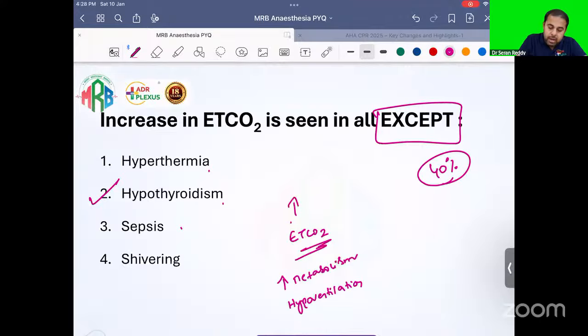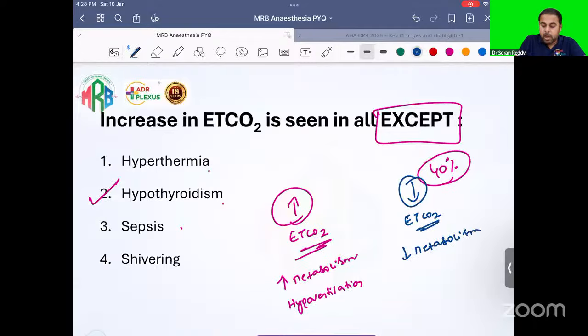Where does ETCO2 decrease? Wherever the metabolism decreases and in conditions of hyperventilation. That's as simple as that. Now they can give 100 examples, 100 scenarios. By just remembering this, you can answer.